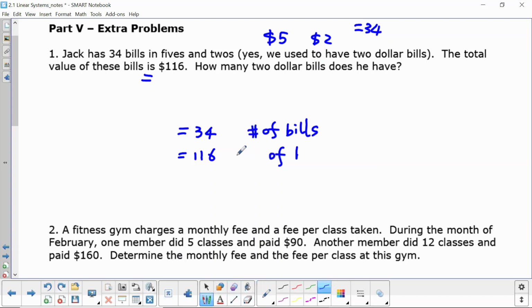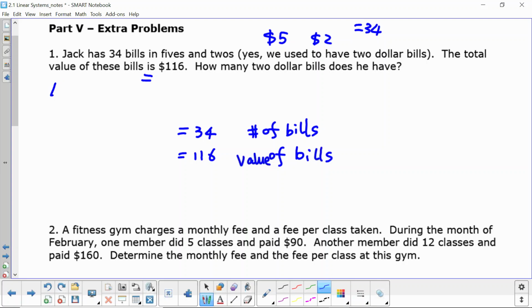So you need to set up two equations. One just based on the numbers, how many bills. Another one is how much the bills are. And the question asks you how many $2 bills does he have.